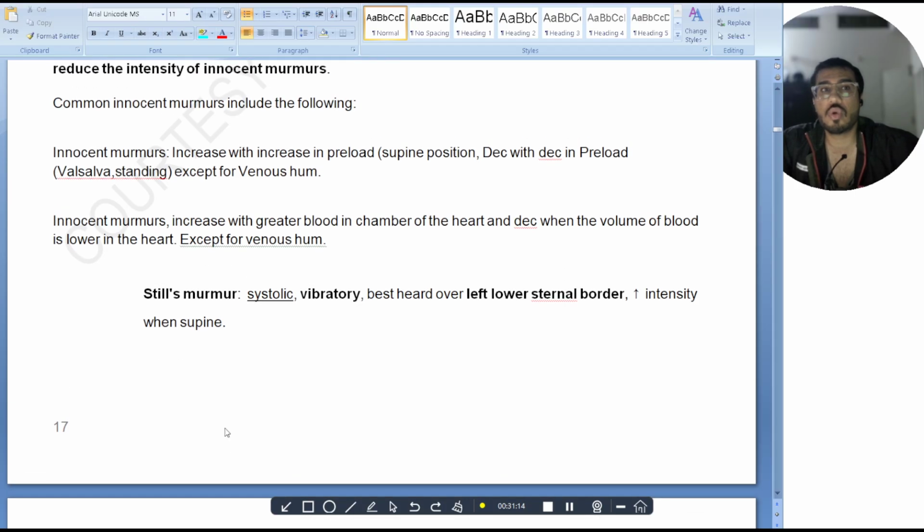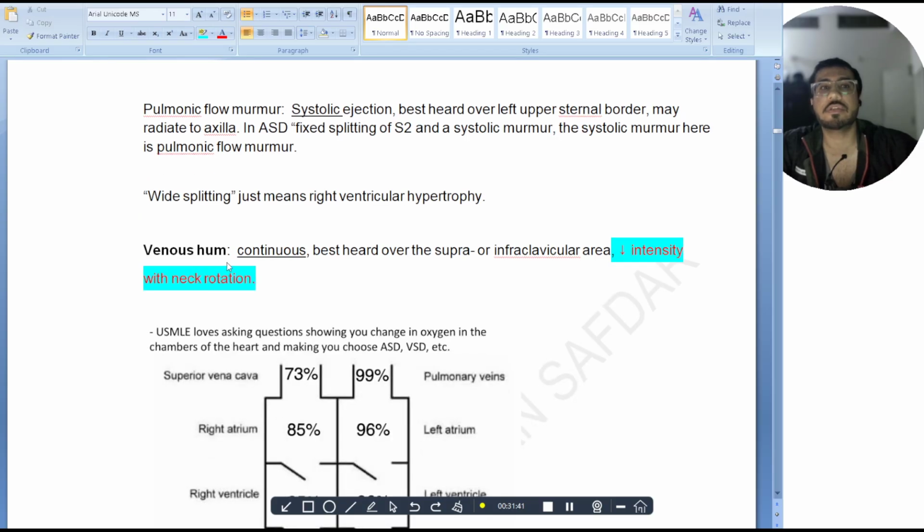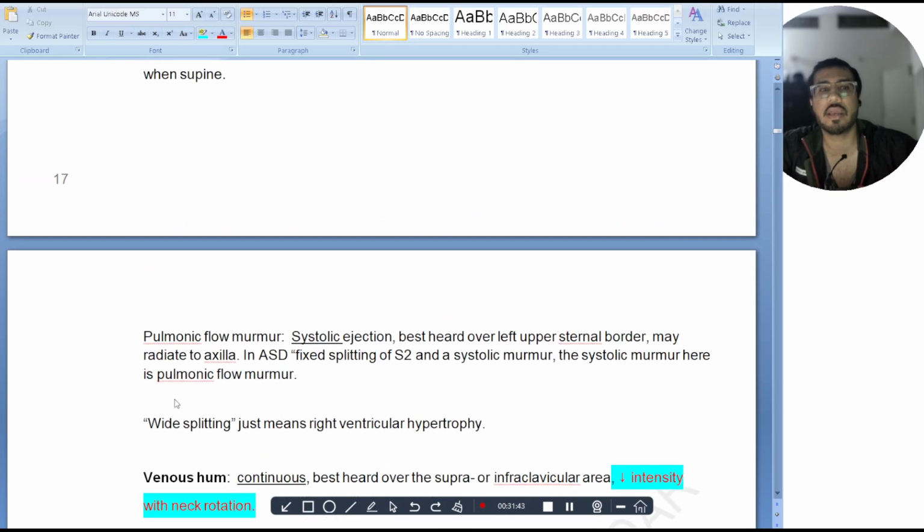If you do a Valsalva, or if you stand up and there is a decrease in preload, then the murmur is going to increase. And when there's an increase in preload, like when you are in a supine position, that is going to decrease the venous hum, because it is the innocent murmur that is the anomaly here.